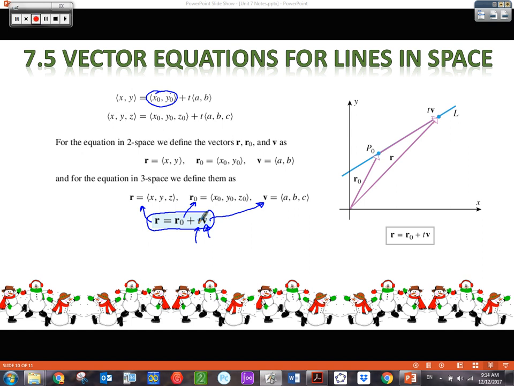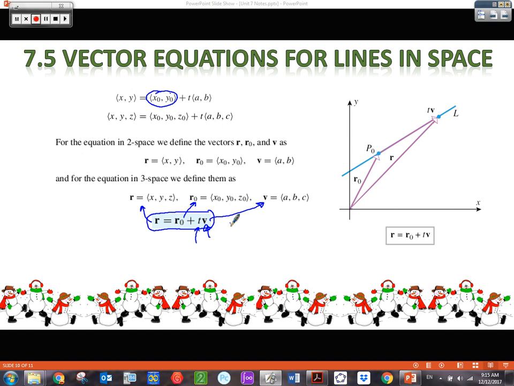So you can have a parameter with distance, and you could use a d there. That would be fine. Or you could use t for time. This is the vector equation that we used in Calculus 3, which is the reason that I'm using it now. You don't have to use a t. You could use some other variable as a parameter, is all I'm saying. So that's our end goal, to create this vector equation of a line.